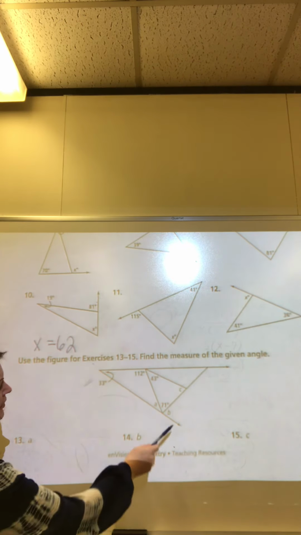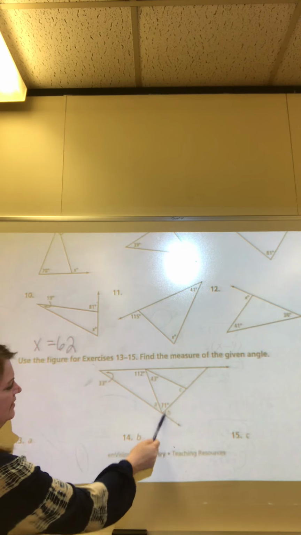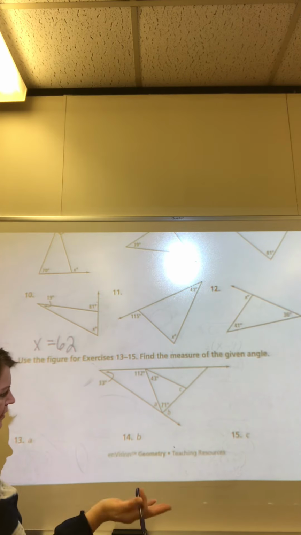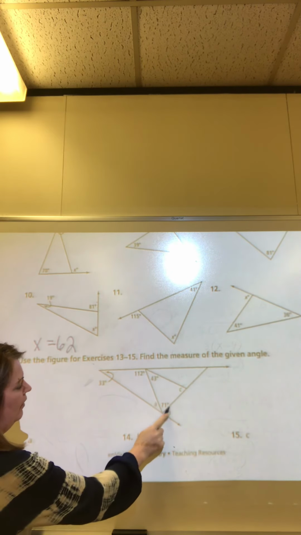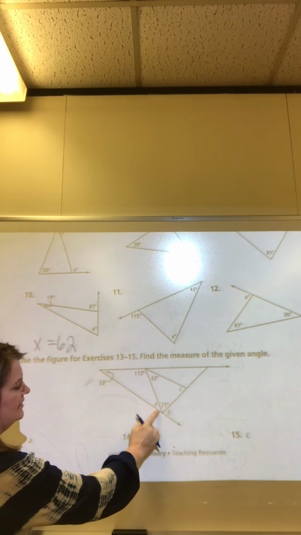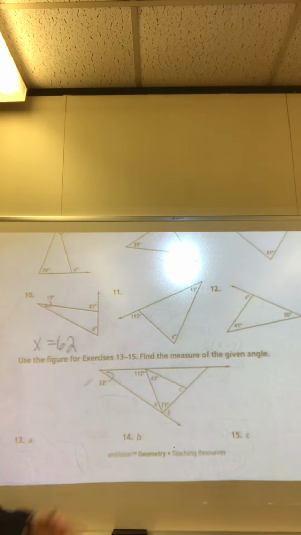Now, whenever you take A, B, and C, we have 2 things we can do. This is an exterior angle. So adding the 2 remote interior angles will give you an answer for B, or knowing that all 3 of these add up to be 180 degrees, because again, there's your half circle or your straight angle. So that's how you can find the measure for that.